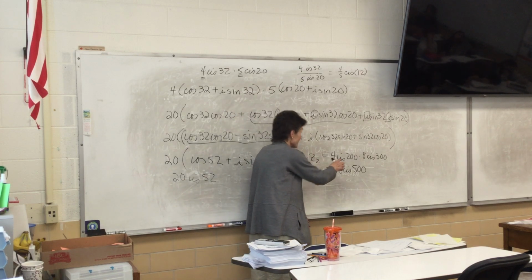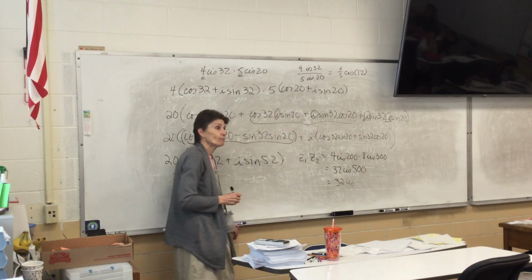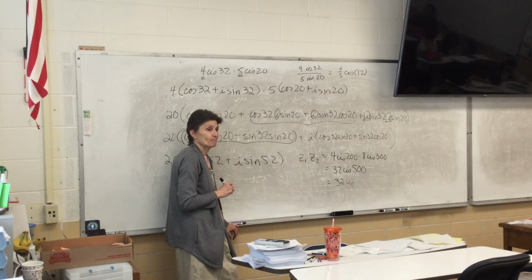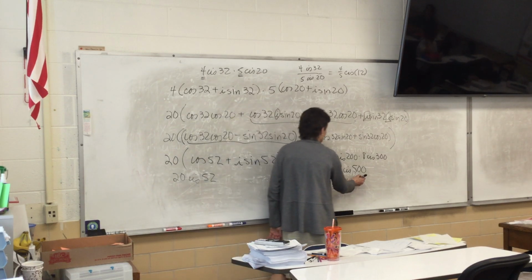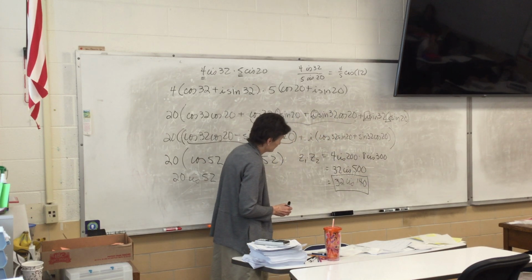So 500 is what I get when I add, but it's too big. So I'm going to have to shrink that down and find a coterminal angle for 500. What would it be? 140. Yeah, and there's the answer to the question.